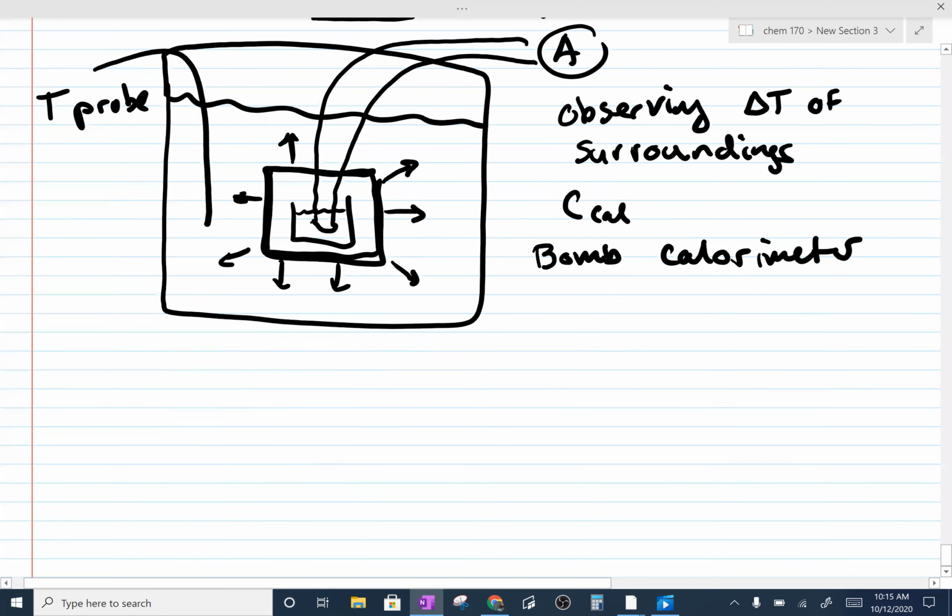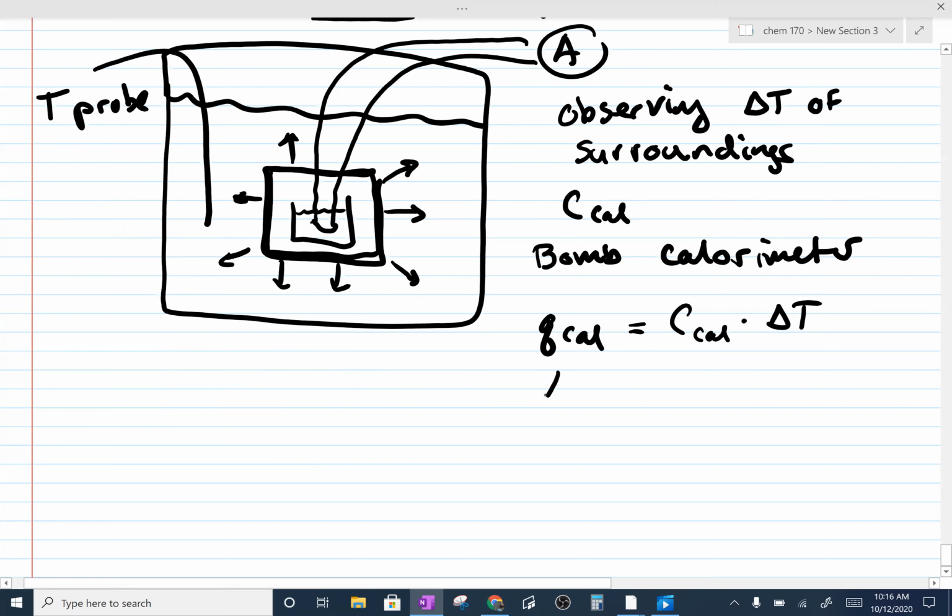And we can measure the Q that enters into the calorimeter. We're going to call this Q cal. Q cal is just equal to the heat capacity of the calorimeter multiplied by the change in temperature that we observe in the surroundings. So we can directly measure the heat that's entering the calorimeter from the system that's igniting in the middle.